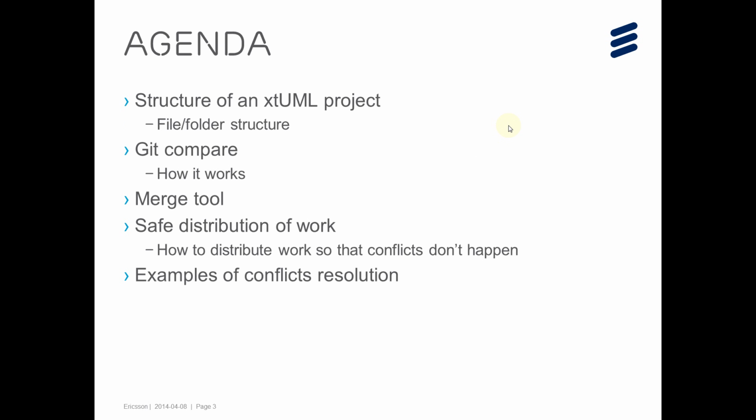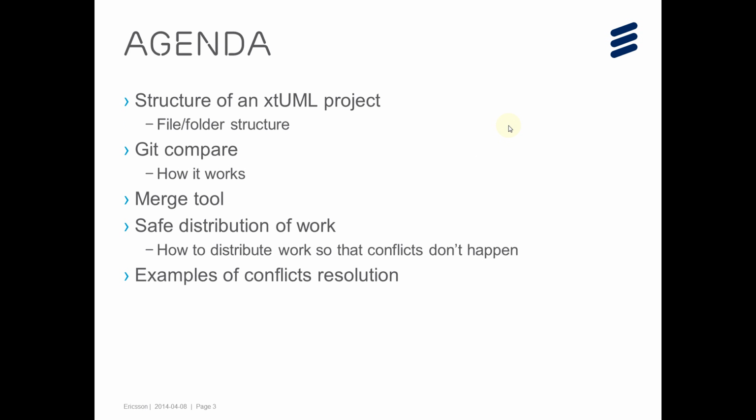Agenda: we will briefly start with the structure of the xtML project because it's very important to understand how it looks in order to be able to avoid conflict scenarios, conflict problems. Then we will continue with a brief explanation of how Git compare actually works.